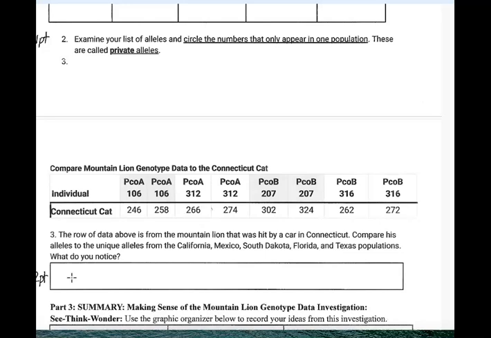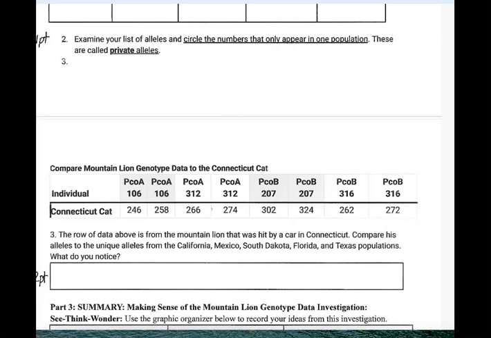246, that appears in the first column of South Dakota. 258, that appears in the second column of South Dakota. 266 appears in the third column. 274 in the fourth column. 302 in the fifth column. 324 in the sixth column. 262 in the seventh column, and 272 in the eighth column.